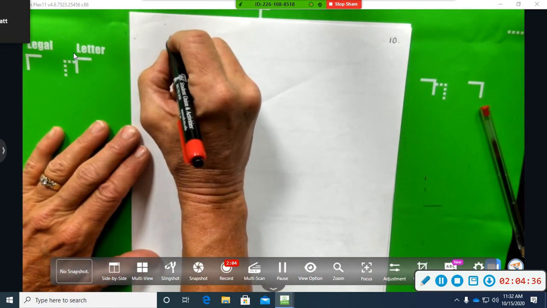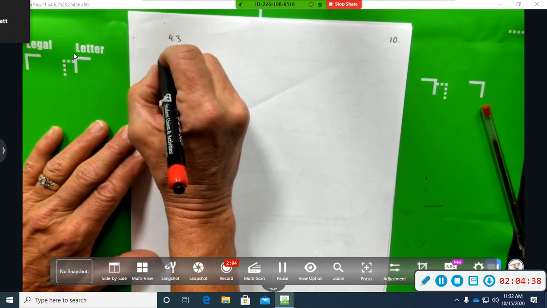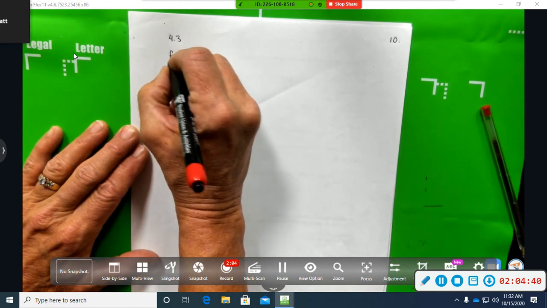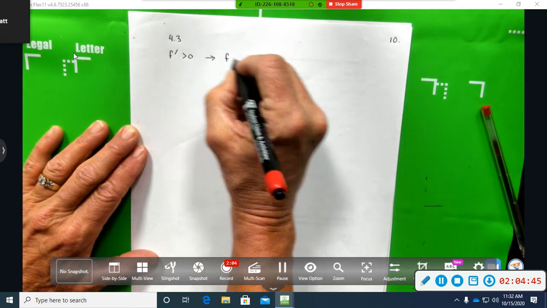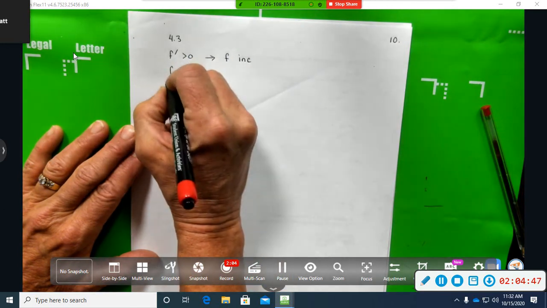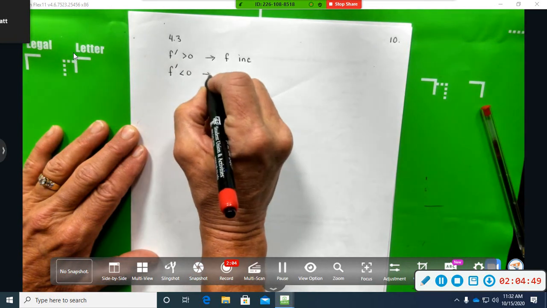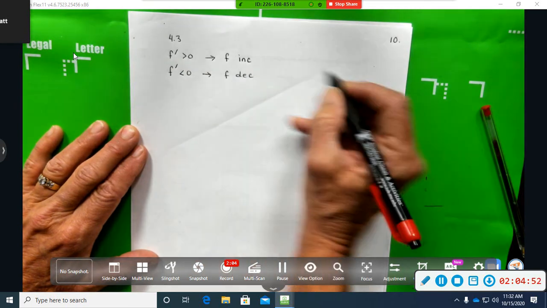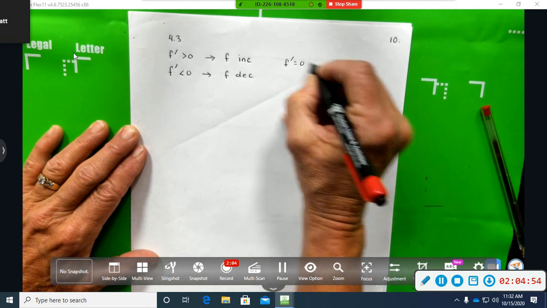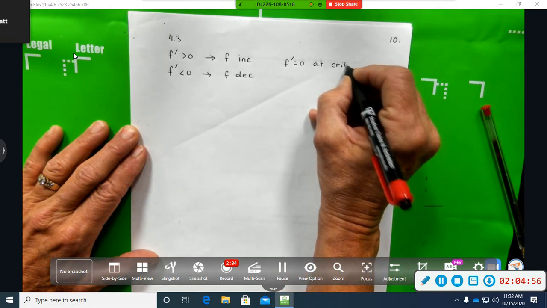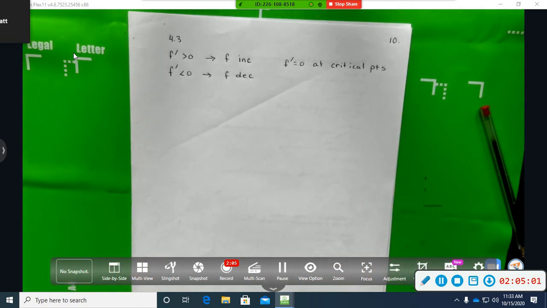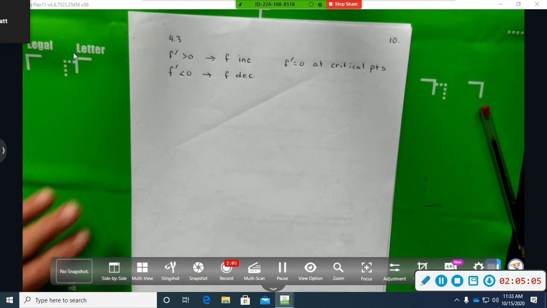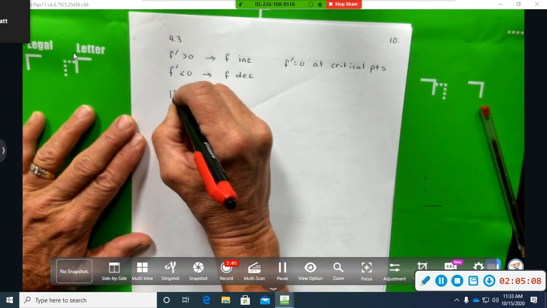Okay, so this is section 4.3. Intervals on which f prime is positive means f is increasing. Intervals on which f prime is negative means f is decreasing. F prime is equal to 0 at critical points. You can determine whether a critical point is a relative maximum or relative minimum using the first derivative test.